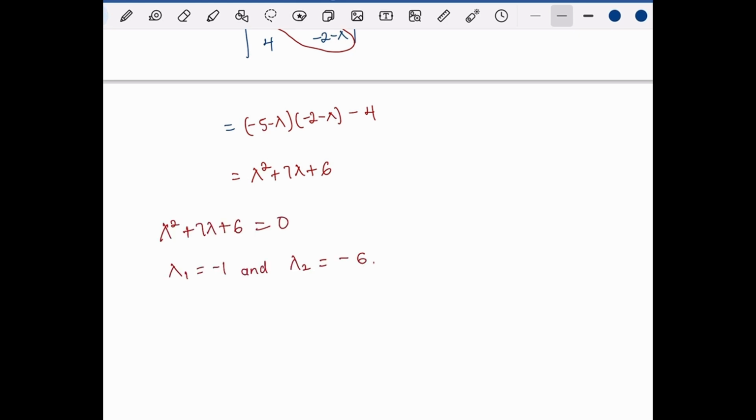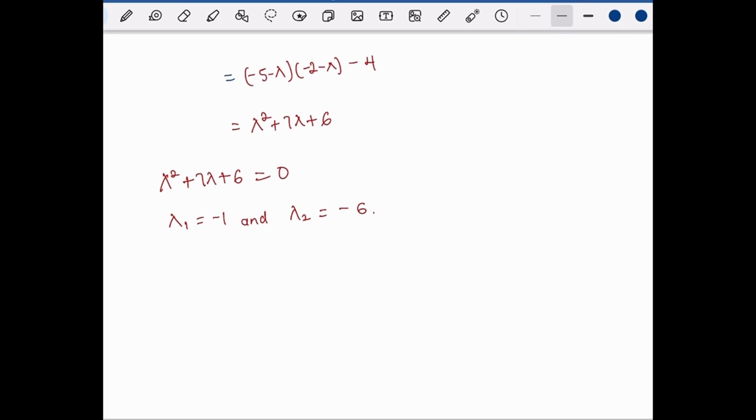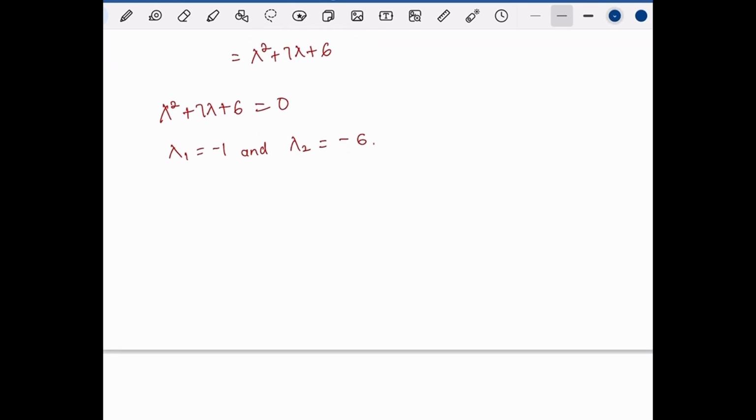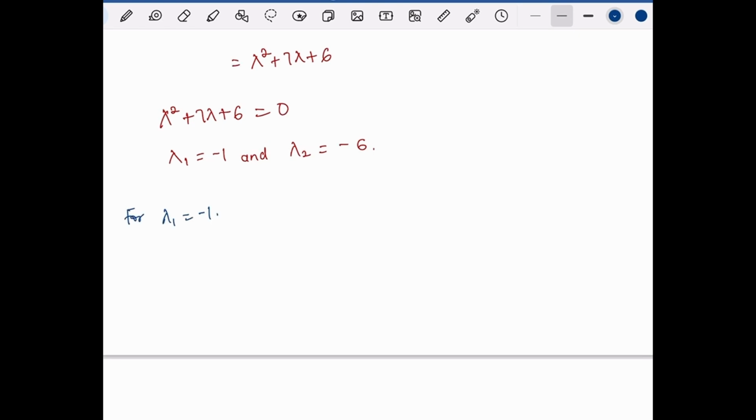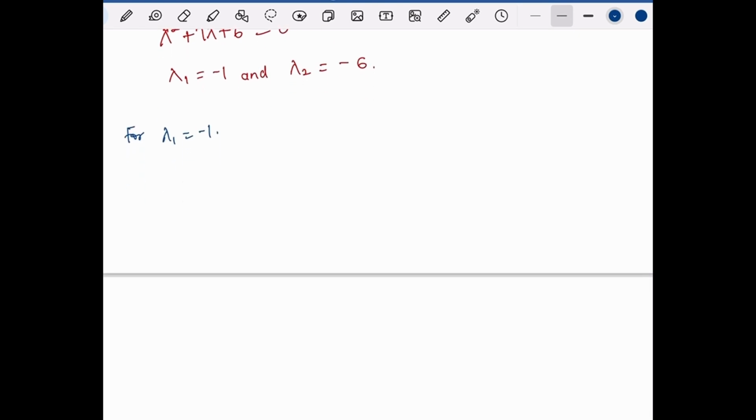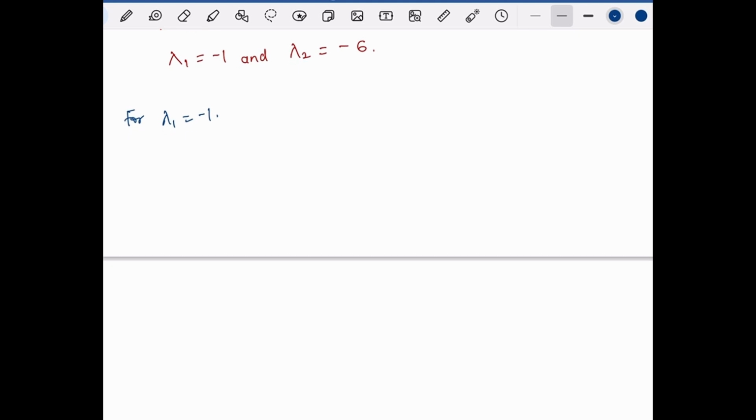Now step 3 says that for each eigenvalue you find its corresponding eigenvector, right? So now let's pick lambda 1 and find the eigenvector for lambda 1. So now we have minus 5 minus lambda, 1, then 4, minus 2 minus lambda.